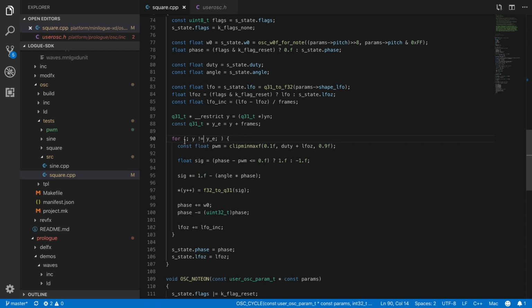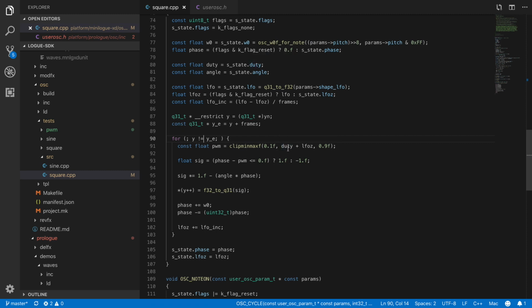Now in the loop we are computing the value of the duty cycle. It's called PWM over here, by looking at the duty cycle that was set as a variable from the state over here.